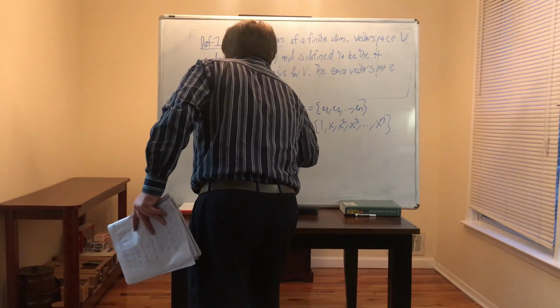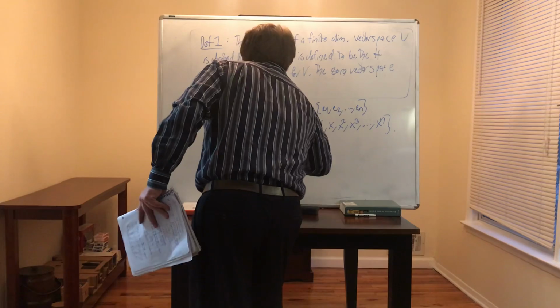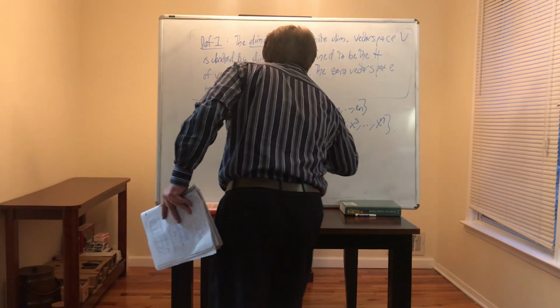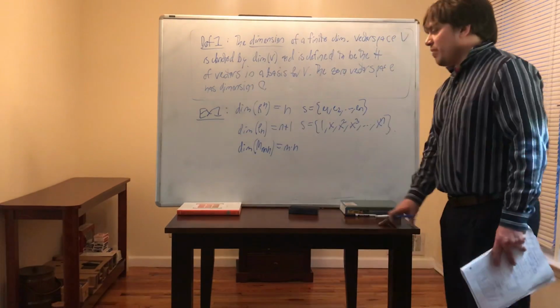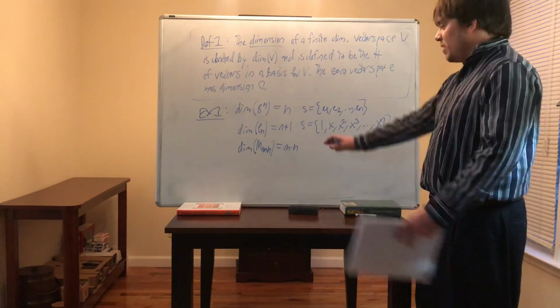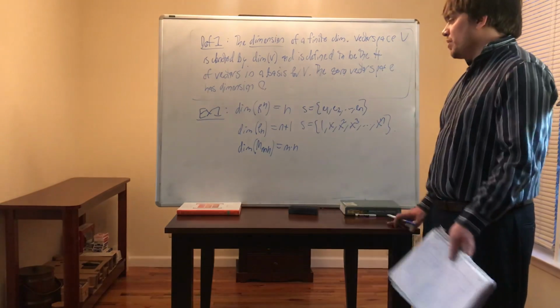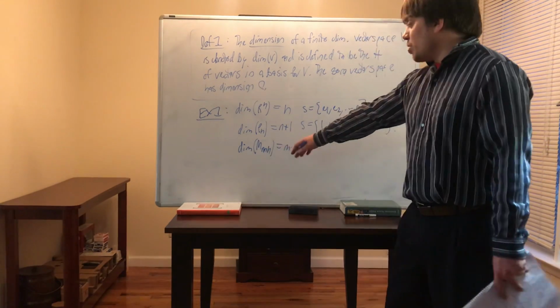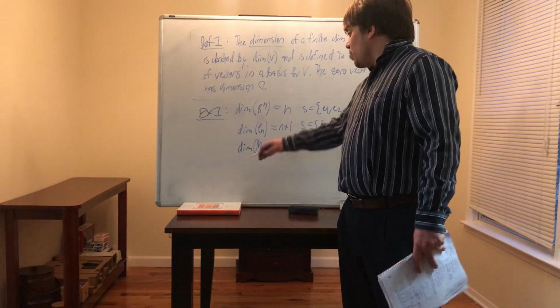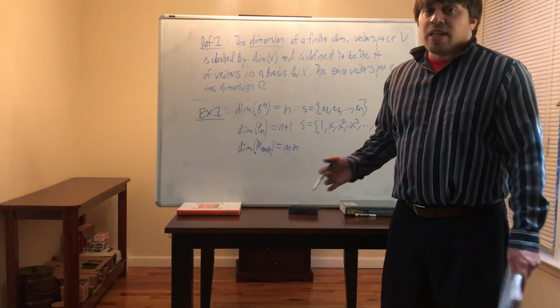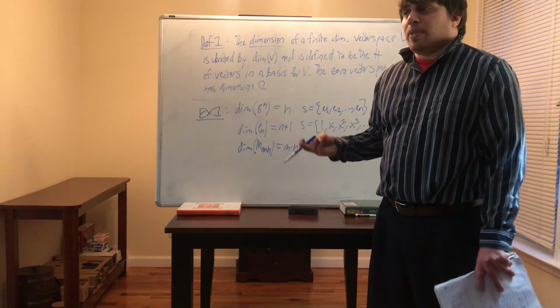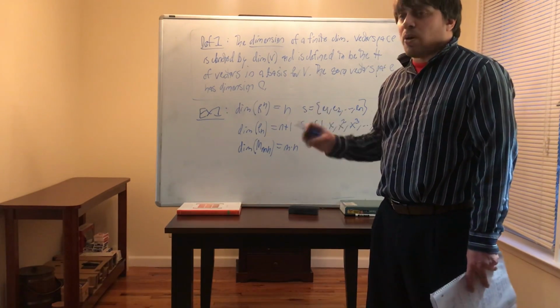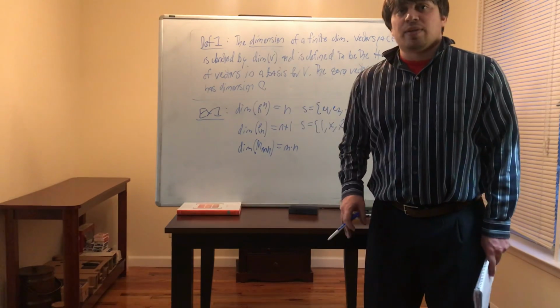And the dimension of M sub m n is equal to m times n. So the dimension of the vector space of m by n matrices is m times n. That's because M sub m n is the vector space of matrices with m rows and n columns. And so the basis would be made up of matrices that have a 1 in one position and zeros everywhere else.